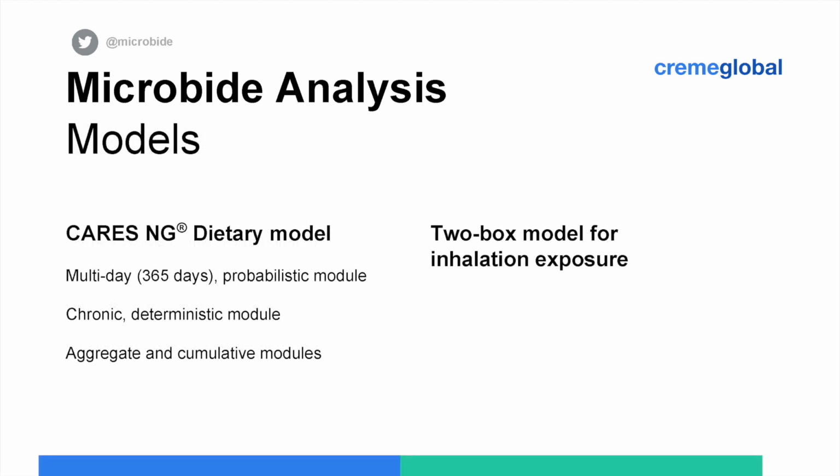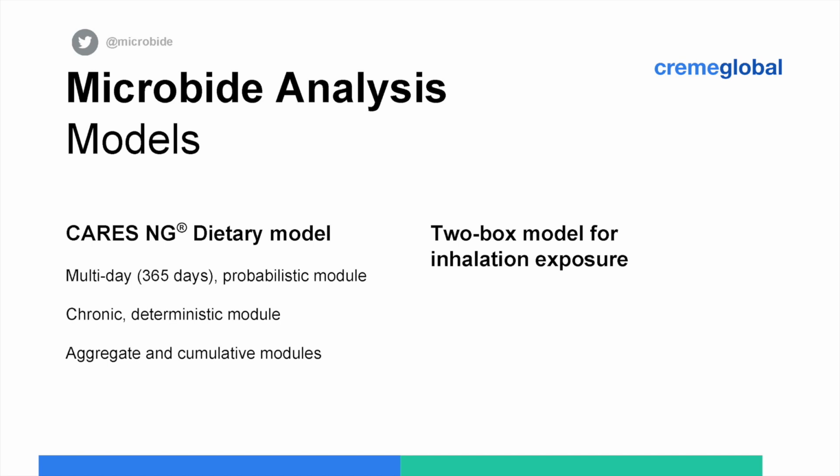So, because in this scenario the exposure was due to both ingestion and inhalation, we had to integrate two different models in this analysis. We used the Kersen-G dietary model, that is a model developed in conjunction with a wider chemical industry, including the Environmental Protection Agency.